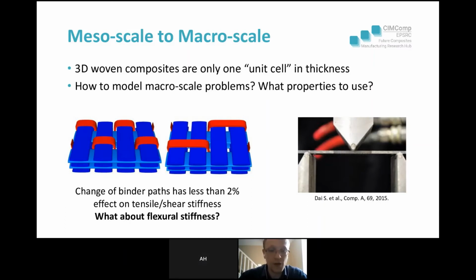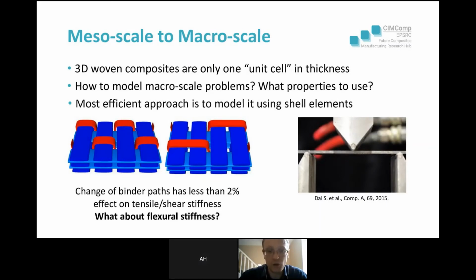If we extract only tensile stiffness, we will see that the binder path has very little influence on the tensile stiffness or shear stiffness for that matter. But what about flexural stiffness? Flexural stiffness becomes important when we think about how to model the composite at the macroscale.